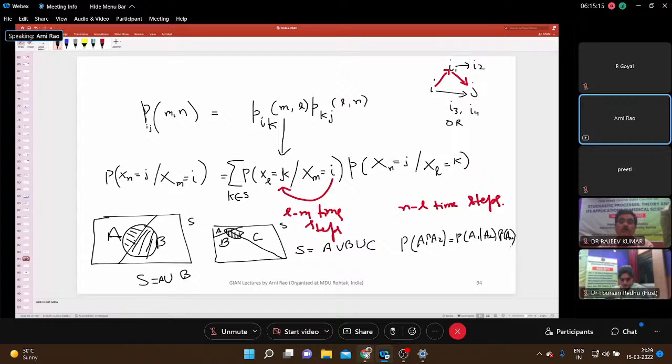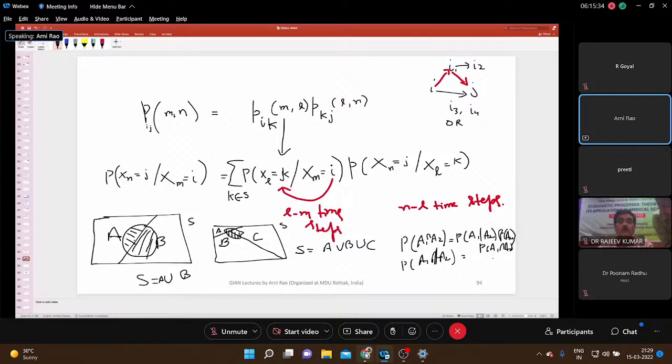So probability of A1 given A2 is equal to this divided by that: probability of A1 intersection A2 by probability of A2, conditional probability.